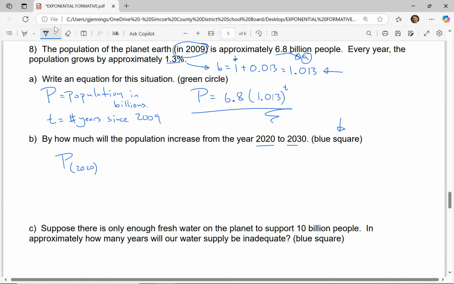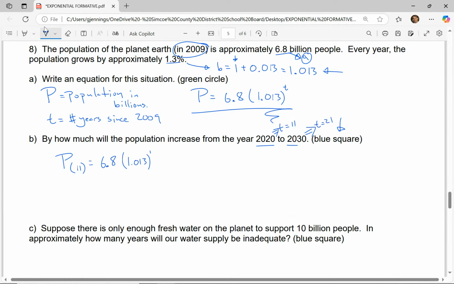We're going to calculate this sort of a one-stop shop here. We're going to have P at 21. We're going to calculate that one as well. That's 6.8 multiplied by 1.013 to the 21. And let's get our values from our calculator.